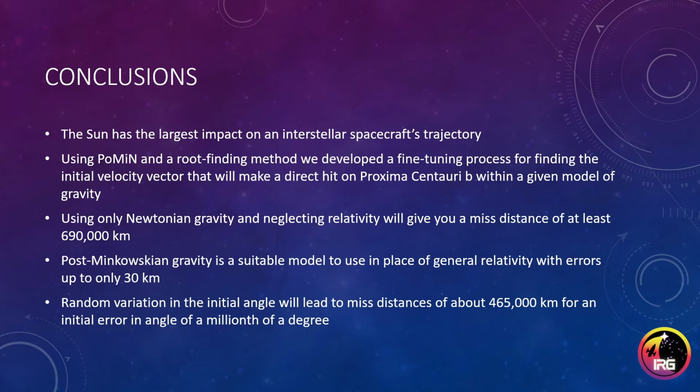Post Minkowskian gravity is a suitable model to use in place of general relativity, with errors up to only 30 kilometers. And we found that random variation in the initial angle can lead to miss distances of about the Earth-Moon distance if your initial vector is off by an angle of 1/1,000,000 of a degree.